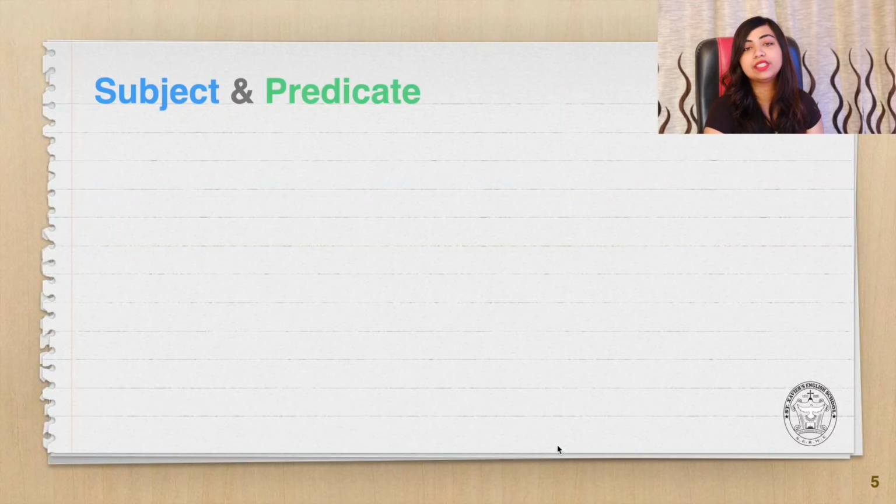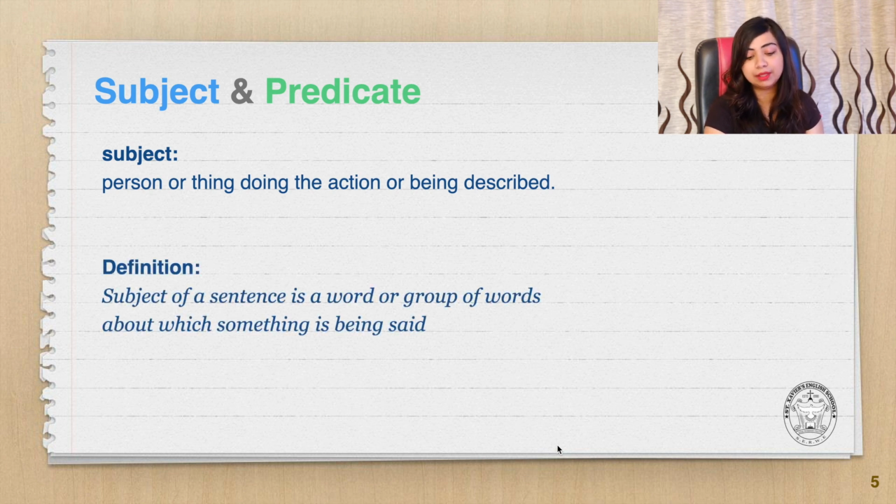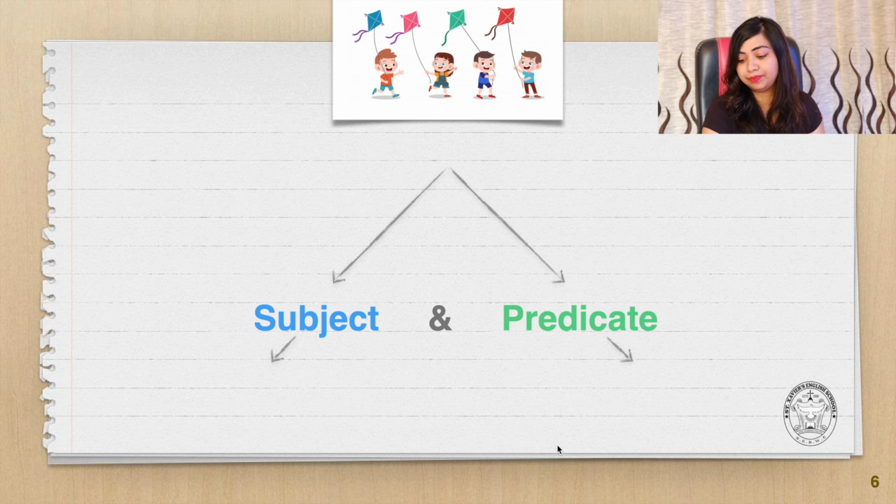A sentence has two parts, subject and predicate. Now, what is a subject? The subject of a sentence is a word or a group of words about which something is being said. For example, the boys are flying kites.